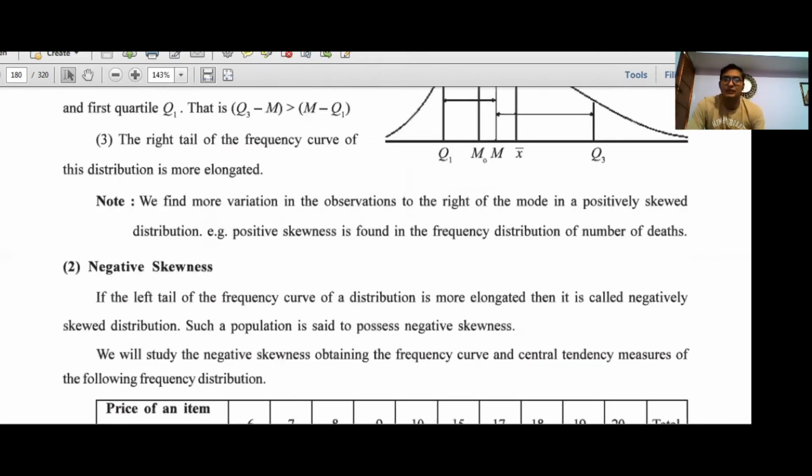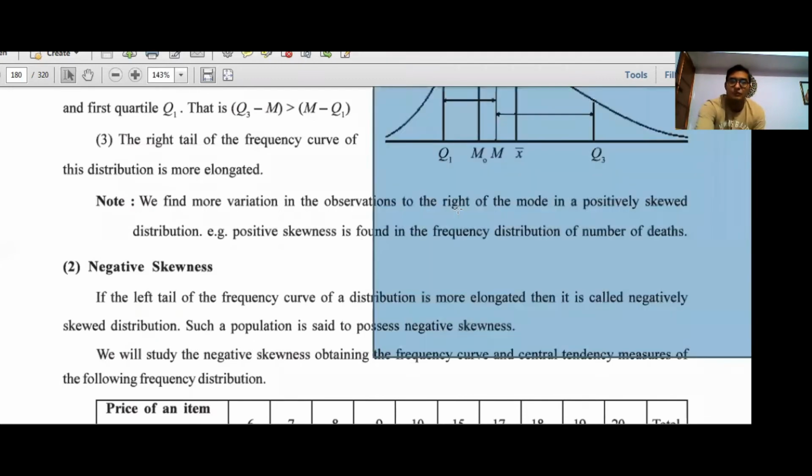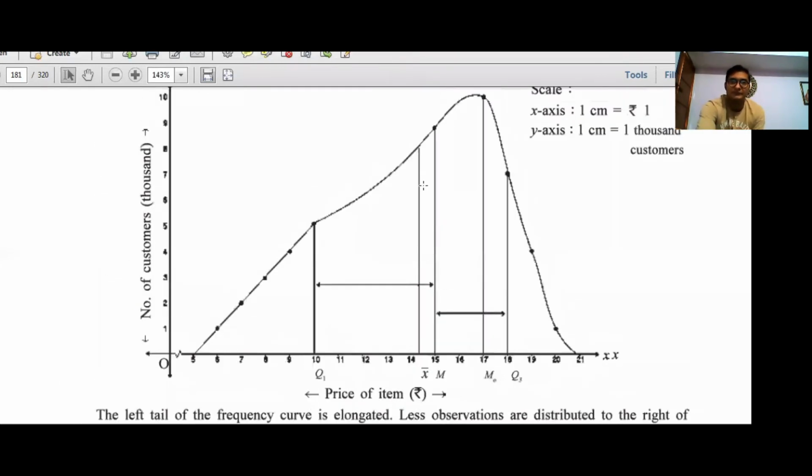In negative skewness, the left tail of the frequency curve is more elongated. So it is called a negative skewed distribution. Clear? In this diagram, I want to clarify here.